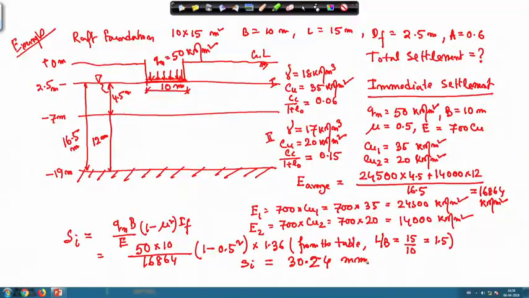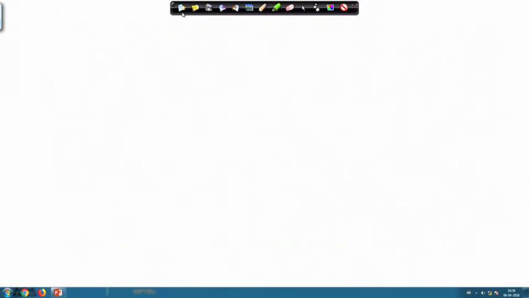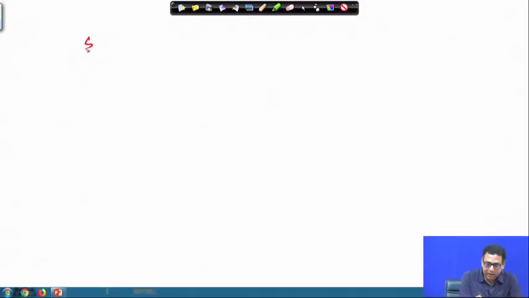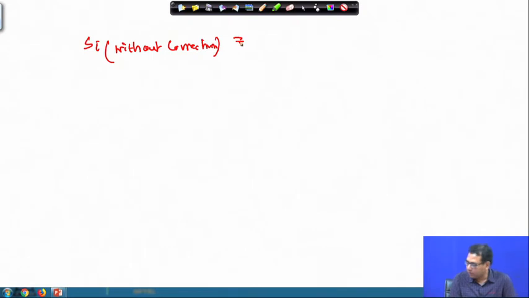So, this is the immediate settlement without any corrections. Now, as I mentioned, in the immediate settlement you have to apply two corrections. Here it is a rigid footing, so you have to apply the rigidity correction and the depth correction. Our SI without correction is equal to 30.24 millimeter.